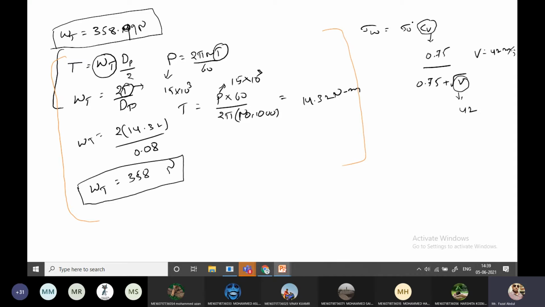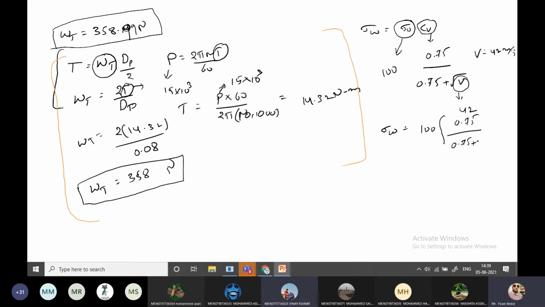Okay. Now what is sigma naught? Sigma naught is given in the question. It is specified for the pinion and gear, both are the same material, that is given 100 megapascal. MPa. Okay. Now get the value of sigma W. So 100, I am writing here, 100 into 0.75 by 0.75 plus square root of 42.